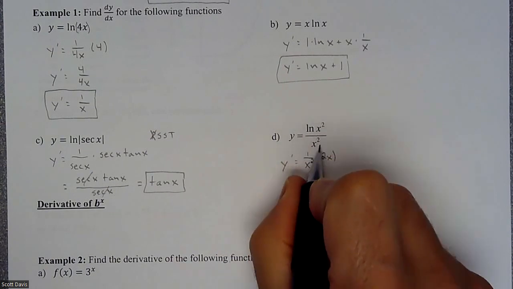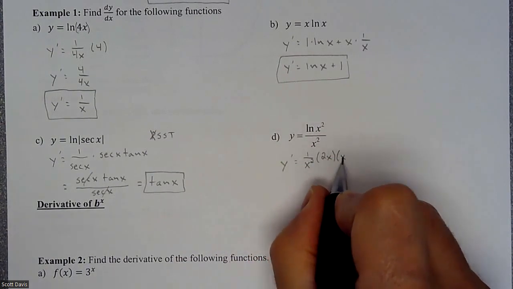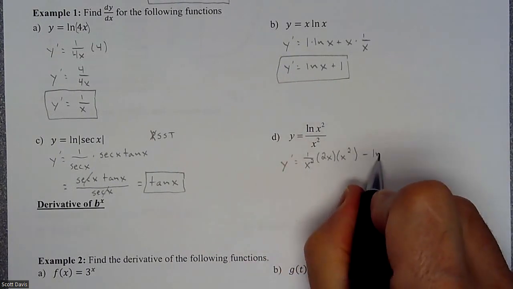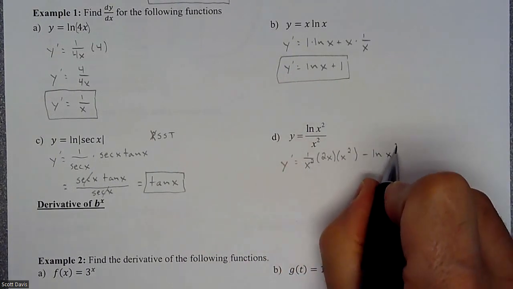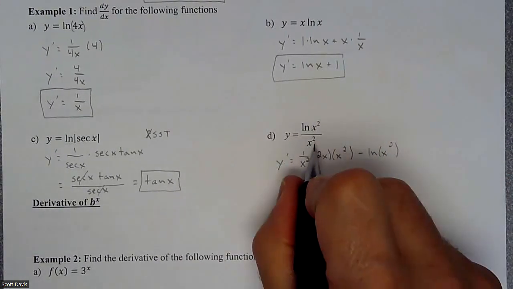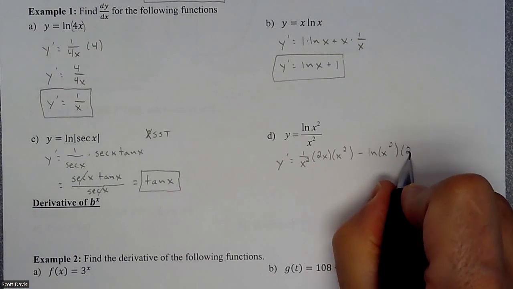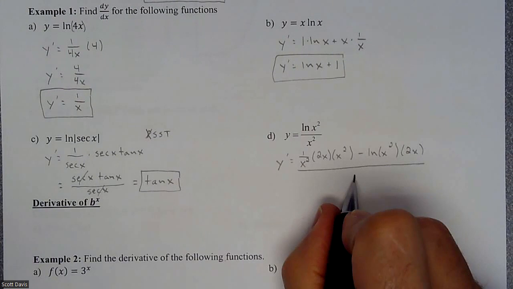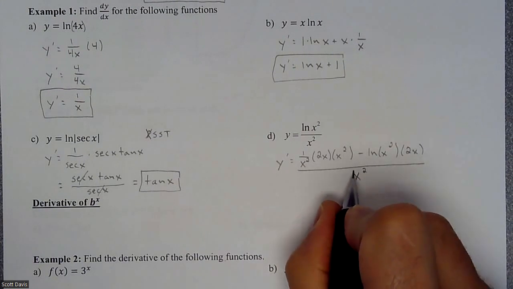All right, so there's the derivative of the top times the bottom, minus the top. Put that in there just so I don't get confused. And then times the derivative of the bottom, which is 2x, divided by the bottom squared.